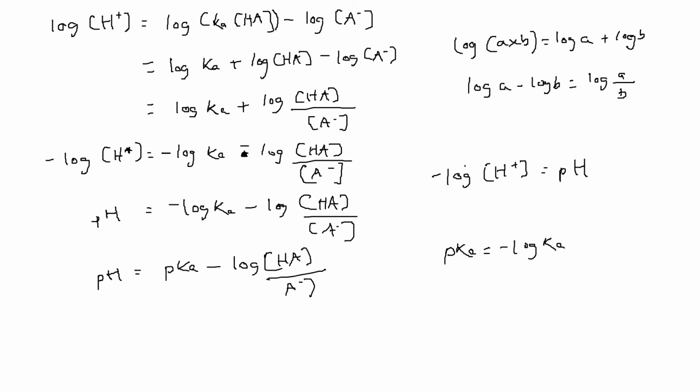And then finally, we'll move across. And now we're just going to write where we got to. So we've just said that pH equals pKa minus log HA over A minus. And there's one more rule of logs that we're going to make use of here. So that's where we got to.